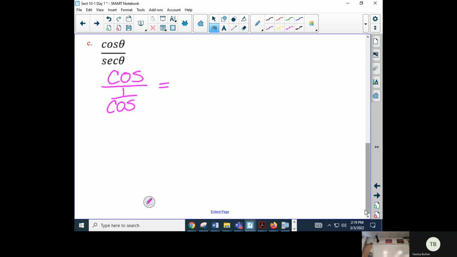Now, whenever I have a division like that with a fraction, do you get how this is really cosine divided by 1 over cosine? Which is cosine times cosine. Do you get that? Because I changed this to multiplication and I flipped my fraction. And what's cosine times cosine? Cosine squared. And that's your answer.